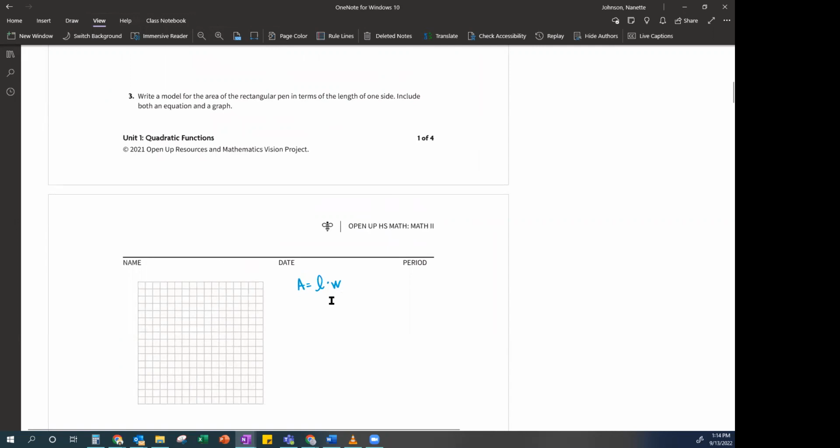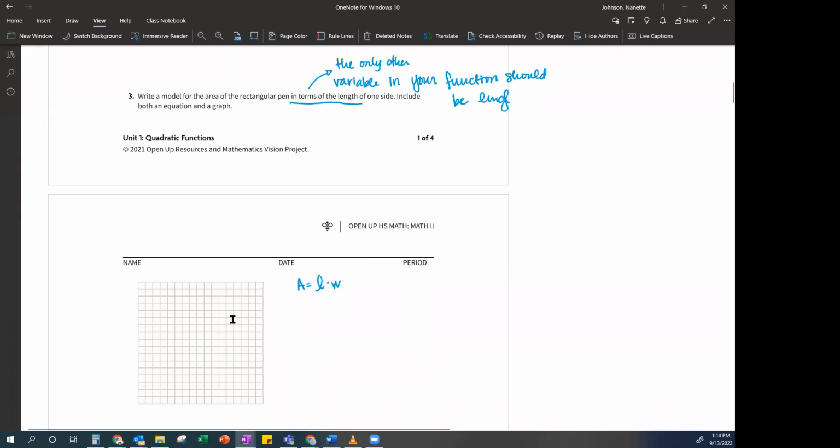So I want to almost get rid of that W so that it just says L. Whenever it says stuff like this, when it says in terms of length, that means the only other variable in your function should be length.